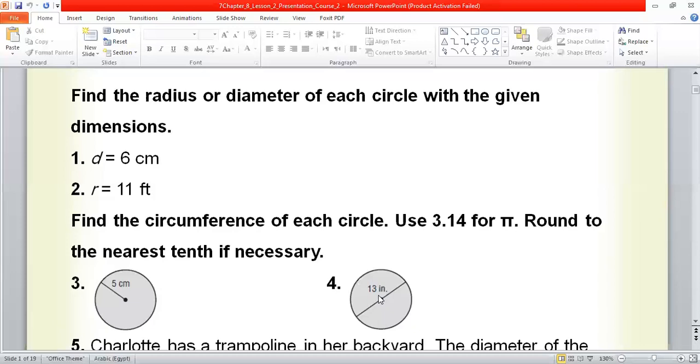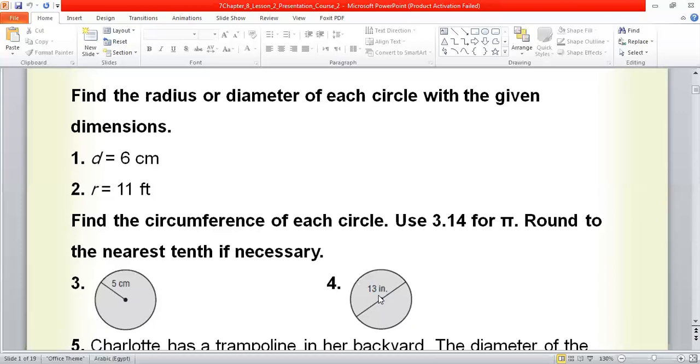The radius here is equal to 5. So this one is equal to 31.4.